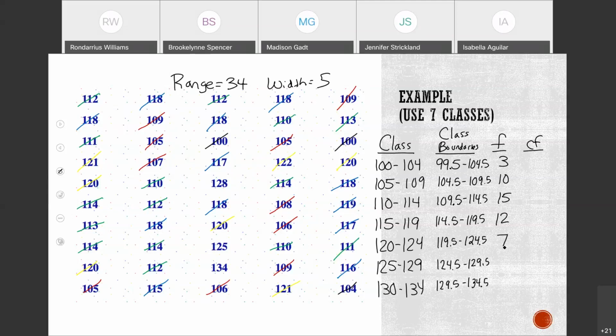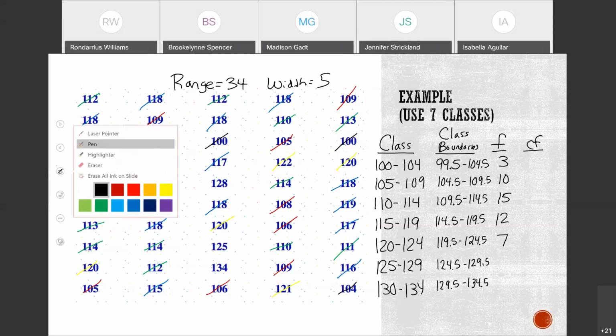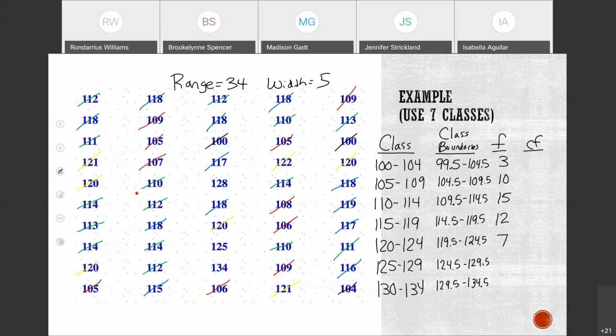All right, 125 to 129. This one. 2. Okay, and then the 134.